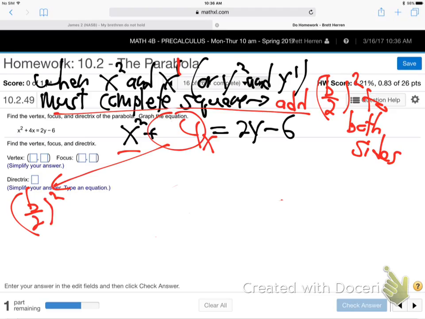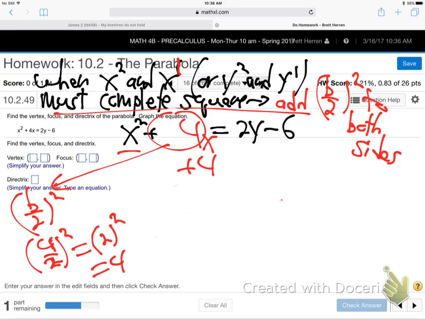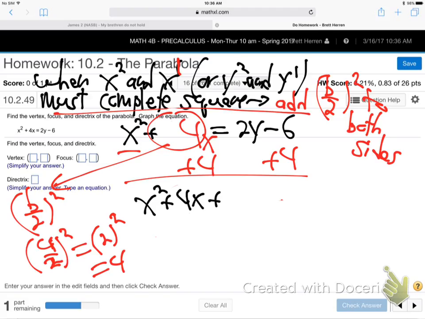B over 2 squared. That's 4 over 2 squared. That's 2 squared, 4. So add 4 to both sides. We good so far? So then that'll be x squared plus 4x plus 4 is 2y minus 2. Like that. Good?